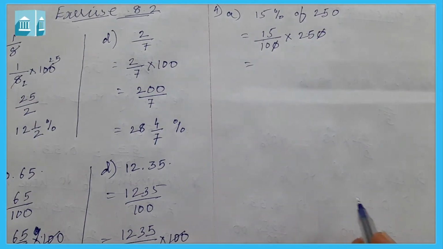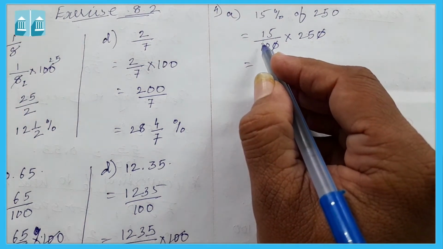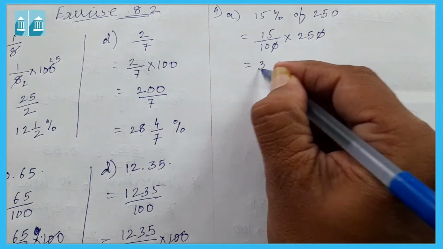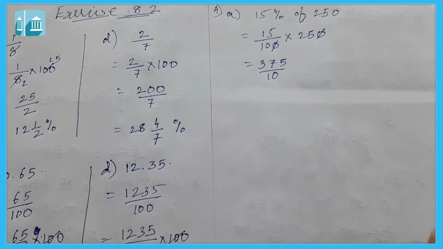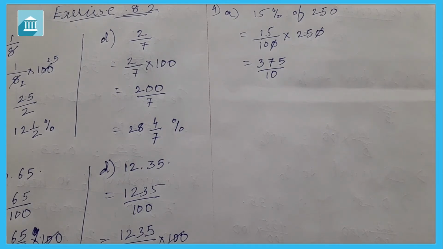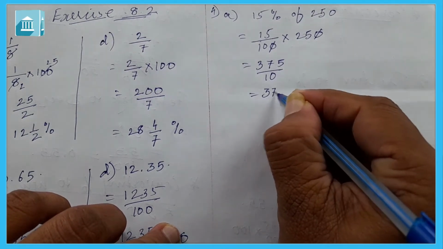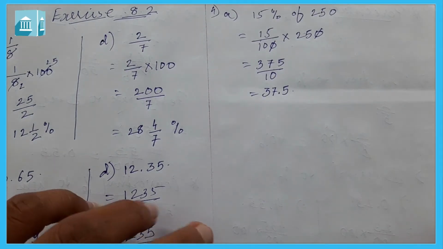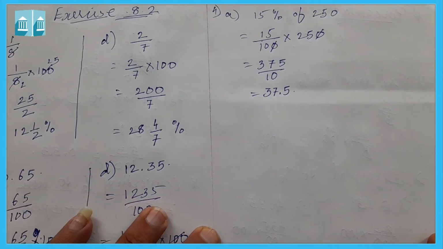Now 25 into 15 we have to do, 25 into 15, 250 plus 1. So it is 375 upon 10, which will be equal to 37.5. So 15% of 250 is 37.5.